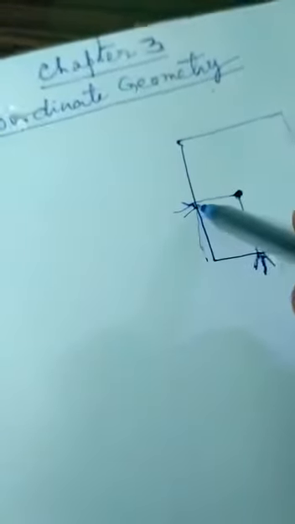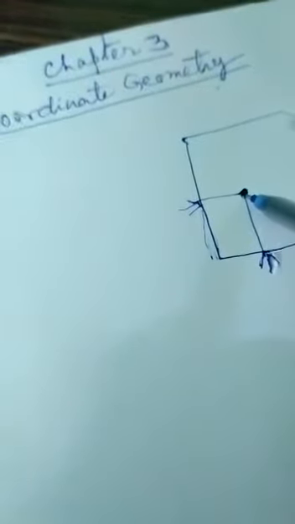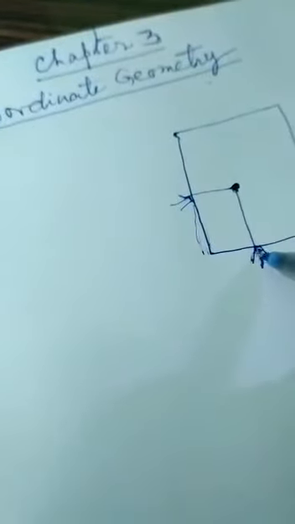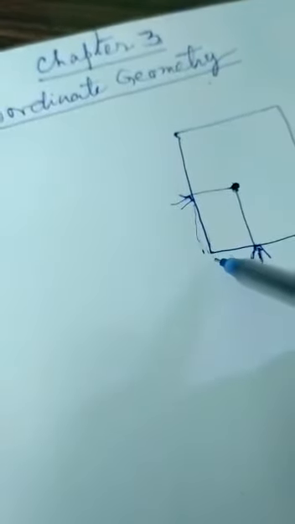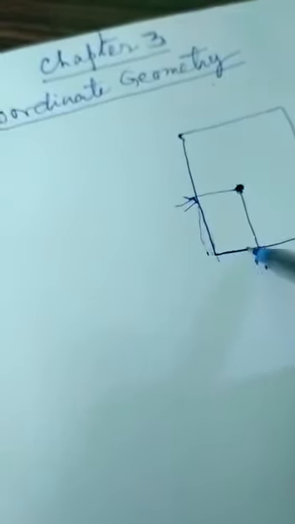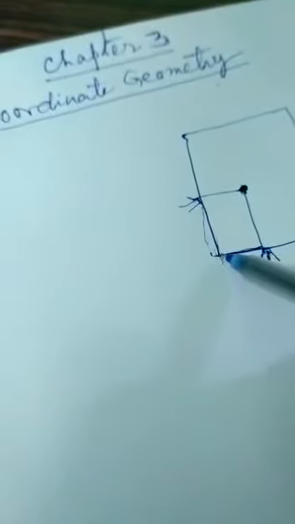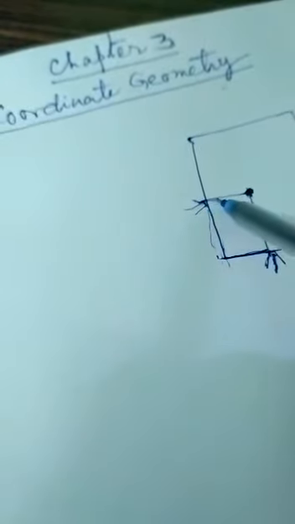How many centimeters are there? Here, this line. So this lamp is called 3 centimeters from this position, and this is the length, and you measure this one. So this line length will be called the position of this lamp from this man.